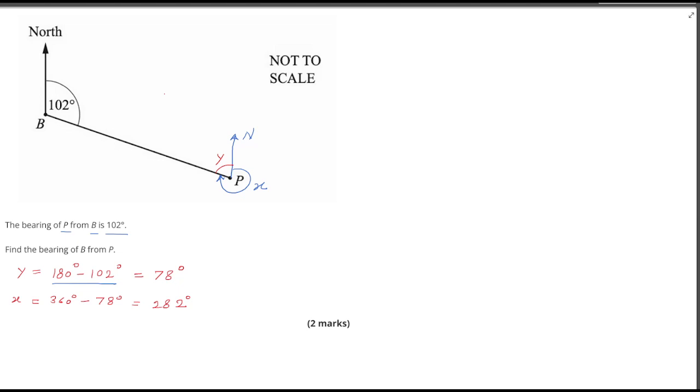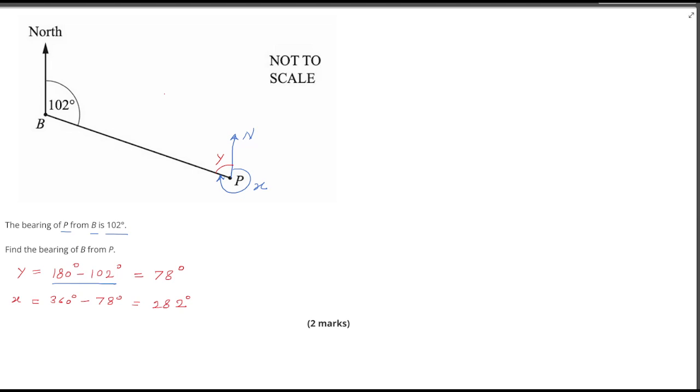At the end we understood the concept that if the bearing of P from B is given and the angle is less than 180 degrees, then to get the bearing of B from P, we simply add 180 degrees to it. Now if the angle is more than 180 degrees, then what do we do?